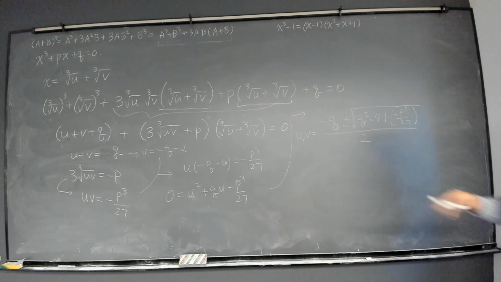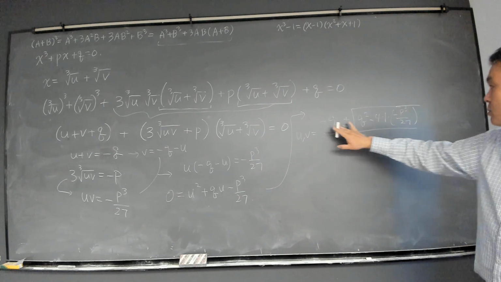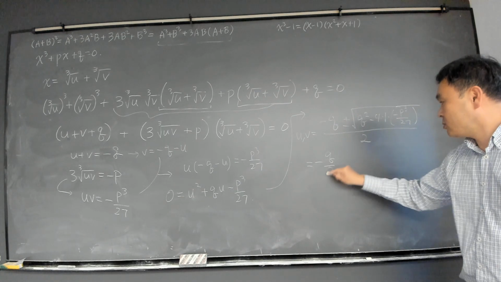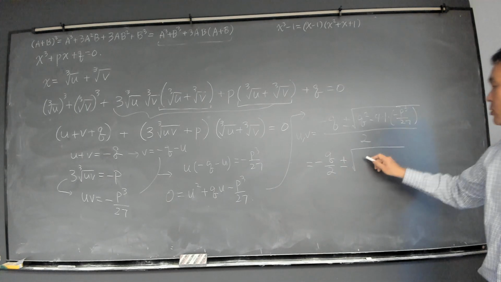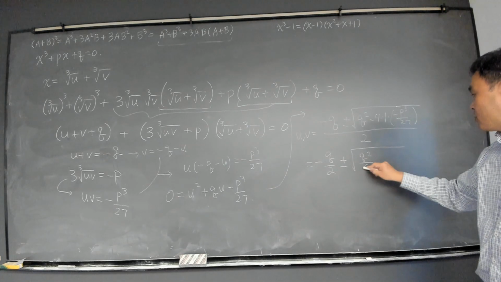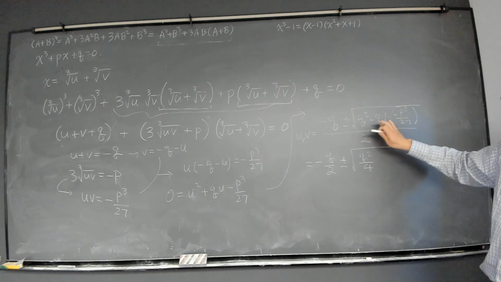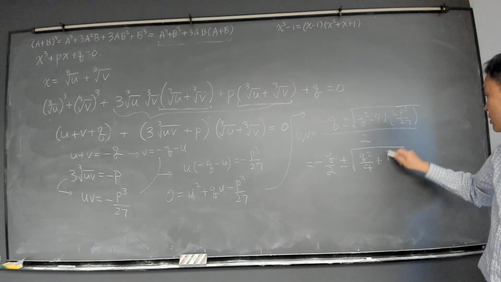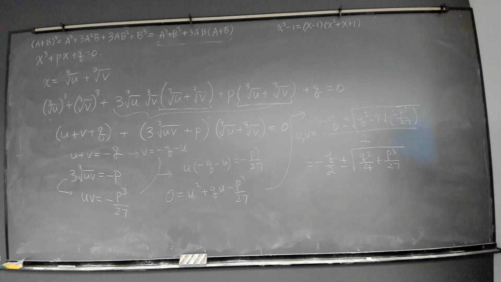And then if I bring the 2 into the square root, first of all, q over 2 is what you get. So you get negative q over 2 plus or minus square root. You're going to get q squared over 4. Minus minus will be positive, and because 2 goes into the square root as 4, 4 and 4 cancel, and you get p cubed over 27, okay? So that's going to be your solution.